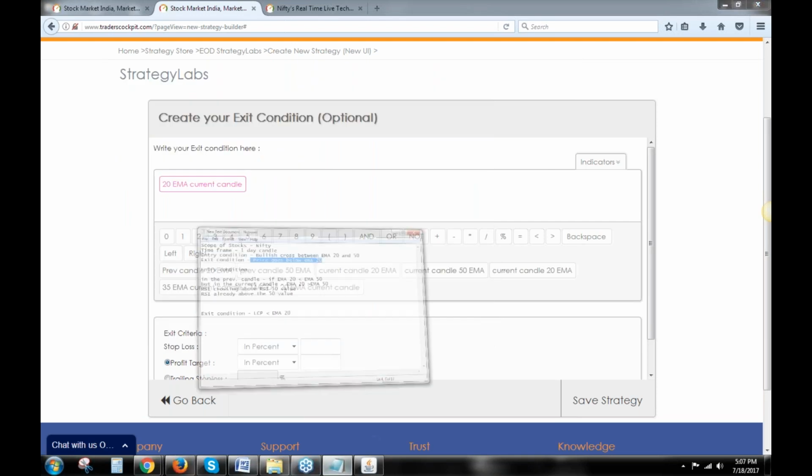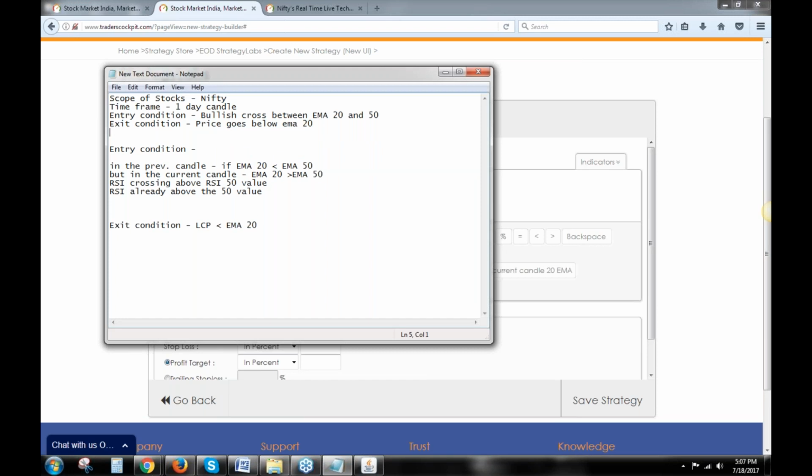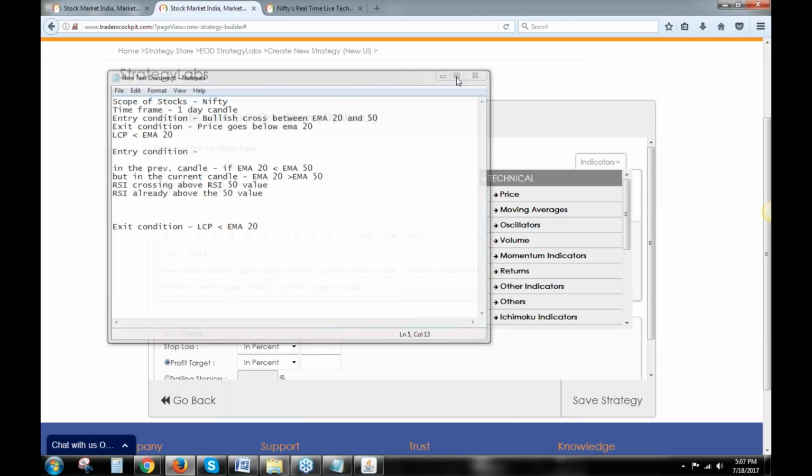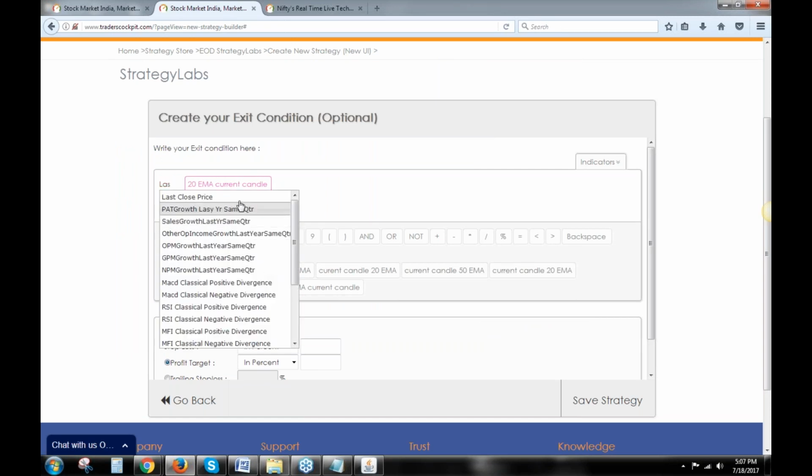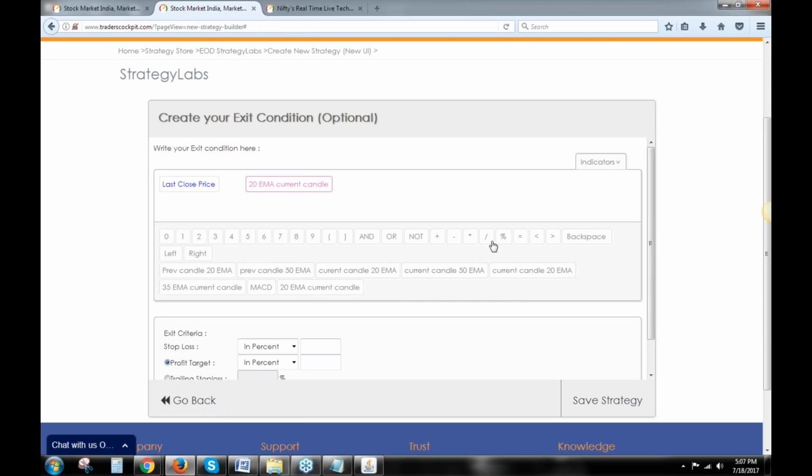That is how you can write this particular logic. For this, we can frame the statement like the last closing price should be lesser than EMA 20. So I take the last closing price there, and this should be lesser than EMA 20. That is how I frame my condition.